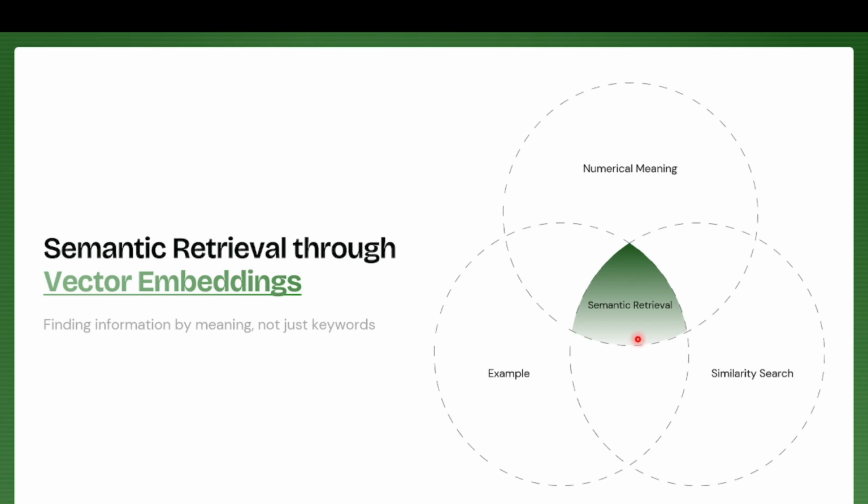Then they gather all the similarity together, combine with example, combine with numerical meaning. The intersection of these three is called semantic retrieval. So combining numerical meaning with similarity search and example search, you have semantic retrieval.